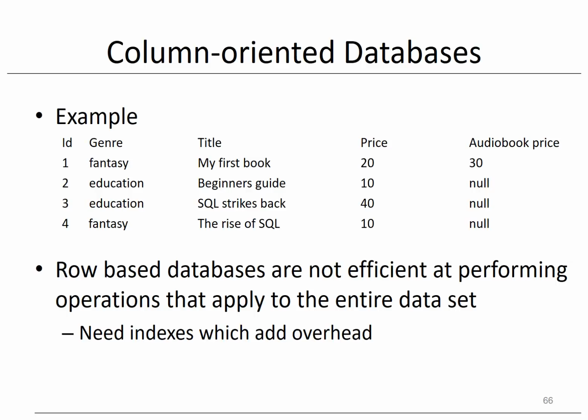However, such systems are not efficient at performing operations that apply to the entire dataset, as opposed to a particular row. For example, if we want to find all records in our example with a price above 20, we would need to seek through each row to find the matching ones.